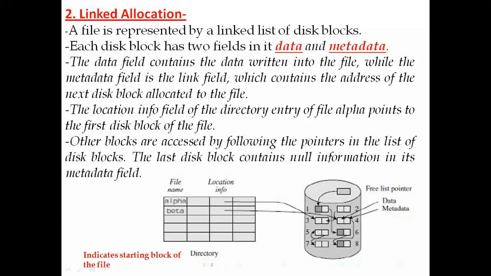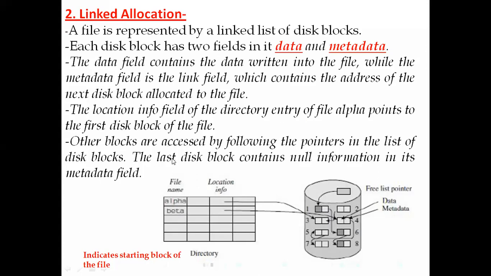So we have a linked list format where the first field indicates the information to be stored in the file, and the second field indicates the address of the next disk block. Hence we call this linked allocation of disk space.